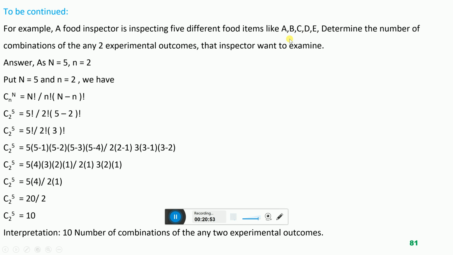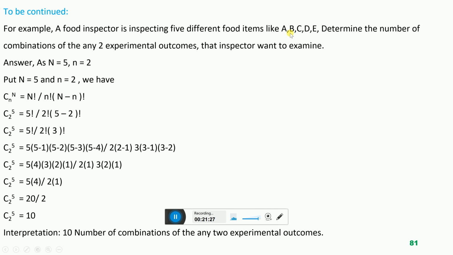It means when the inspector wants to inspect any two, different outcomes are possible: the inspector can check first and second, first and third, first and fourth, or first and fifth.